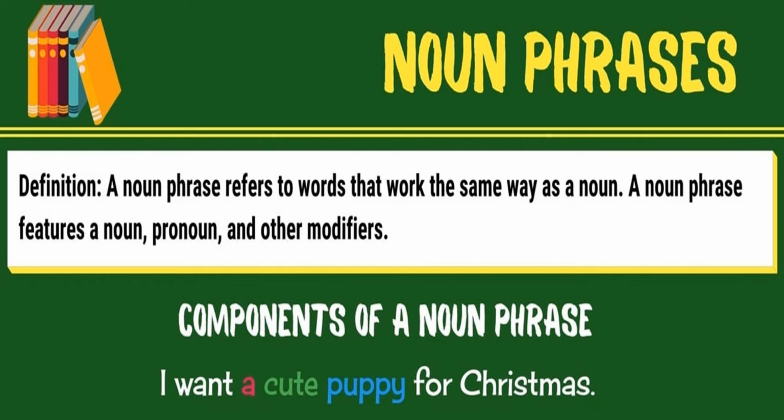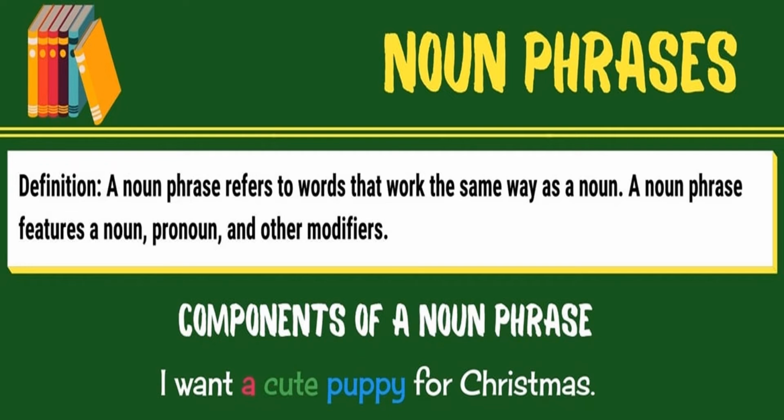As we all know, a noun tells something about a person, place, or thing. A noun phrase refers to words that work the same way as a noun. A noun phrase features a noun or a pronoun that comes in place of a noun, and other modifiers.